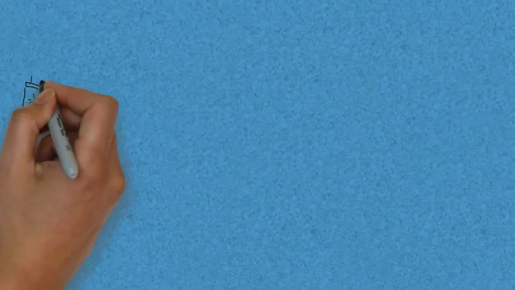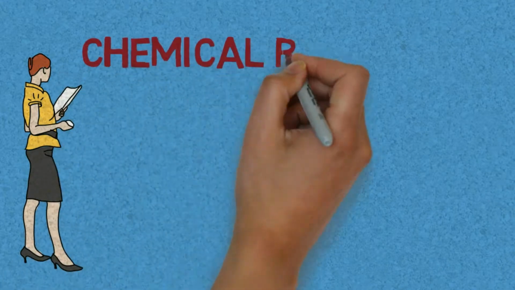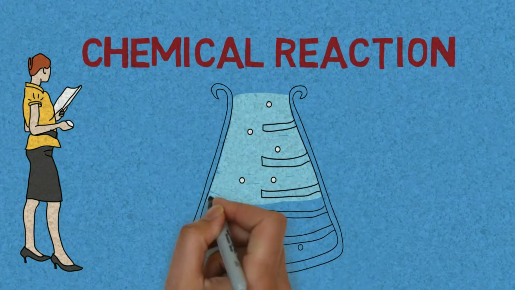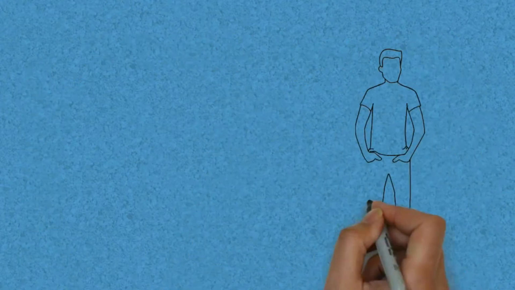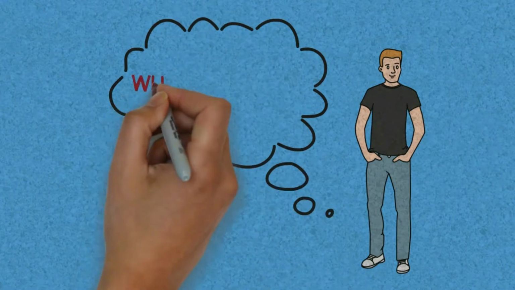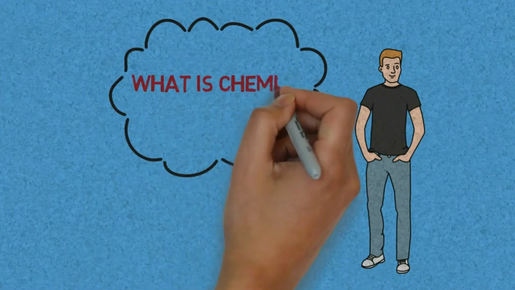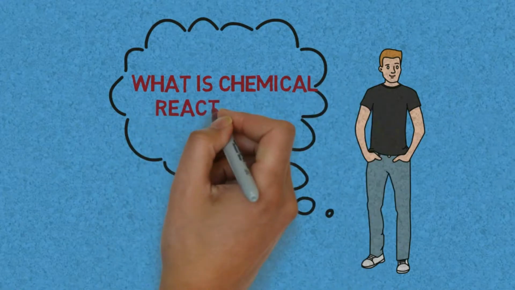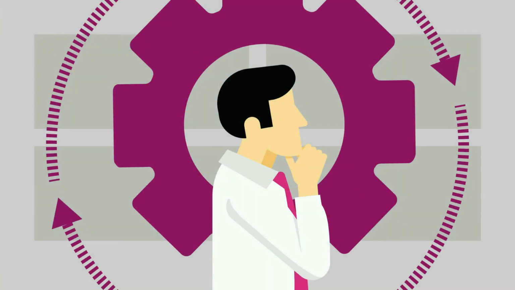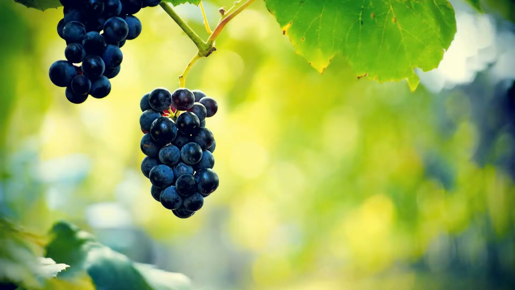So, first of all, what is a chemical reaction? The first question that comes to mind is what a chemical reaction is all about. Before answering, I would like you to think: what happens when grapes get fermented?